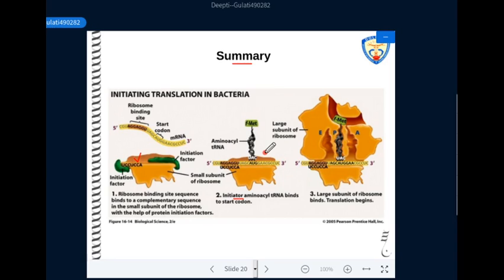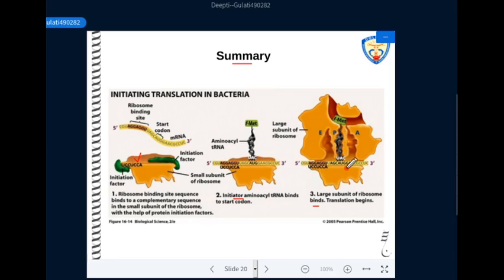Now, once this is done, the large ribosomal subunit has to bind. The binding of the large ribosomal subunit requires energy, and that comes from GTP hydrolysis. The factors are released, and we get an initiation complex, which is known as the 70S initiation complex.